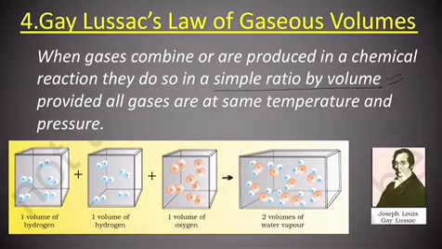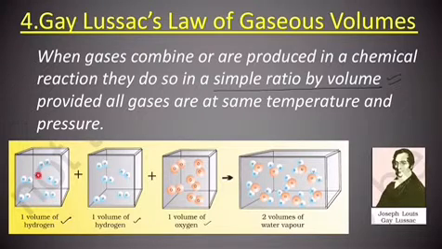See here, we have one volume of hydrogen and another volume of hydrogen. So there are two volumes of hydrogen and one volume of oxygen. Friends, you should know that the volume depends on the number of particles, the number of molecules of gas.